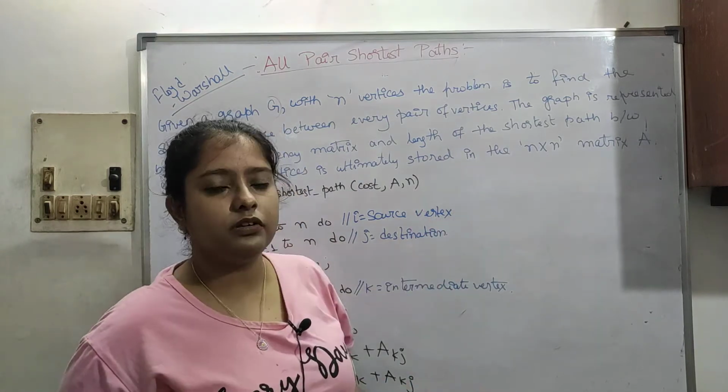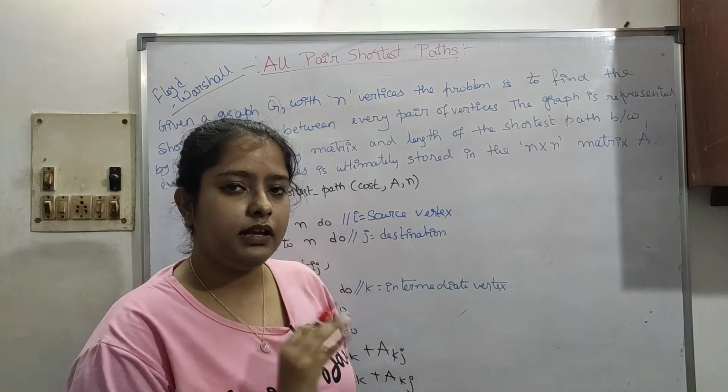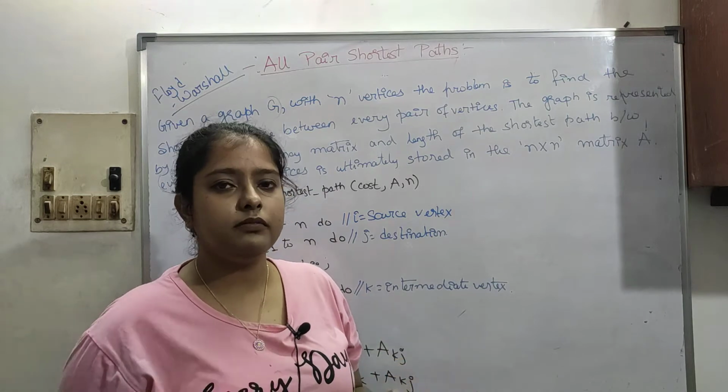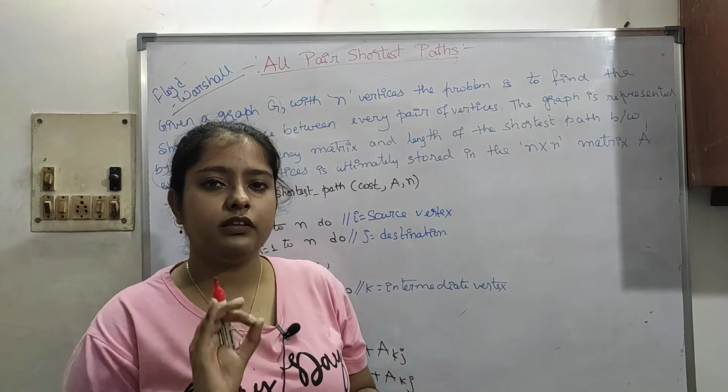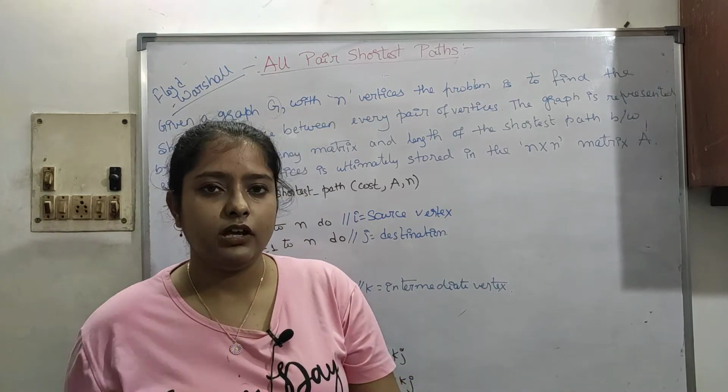But all pair shortest path is a matrix kind of thing. In the final matrix, you will get the shortest path from any vertex to any vertex. So this is the basic difference between all pair shortest path and single source shortest path.